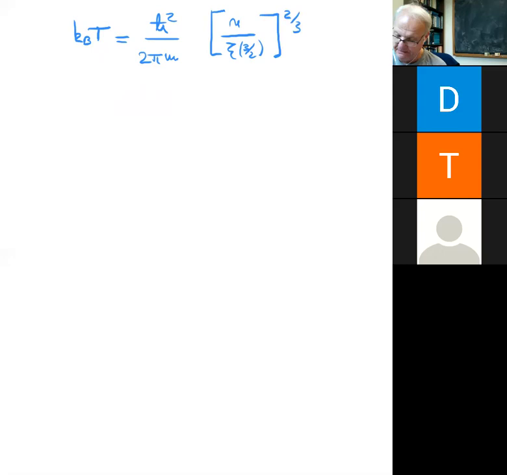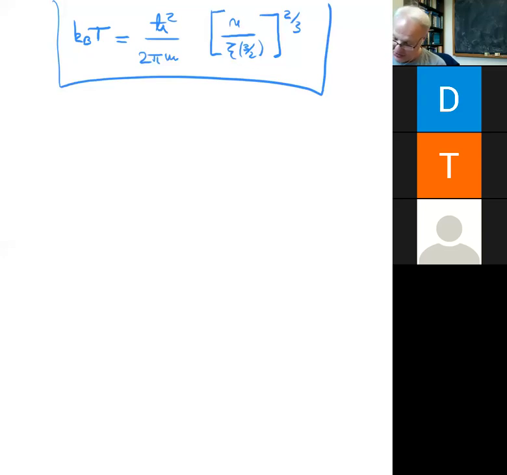So the magic expression is that k Boltzmann T is h bar squared over 2 pi m, and then it's the density divided by zeta of 3/2, which is just a number, to the 2/3. So for a fixed density, if you lower the temperature, that's the magic temperature where you hit this kind of quantum bound and you can't put in any more particles.